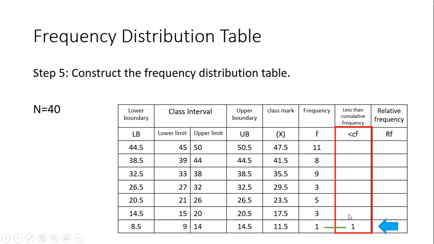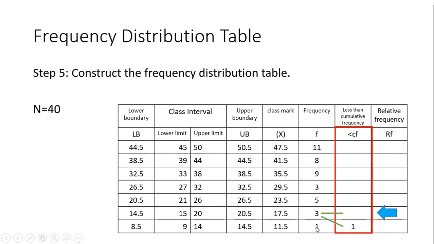Next, for us to get this value, we'll be using again your frequency column, in which this is the pattern. You will be using these two figures, in which, diba, this is the first less than cumulative frequency that you have identified, which you only copied from frequency.